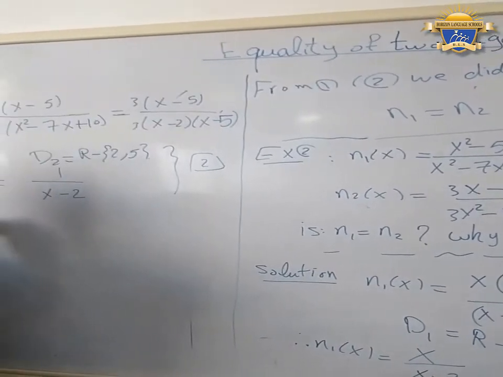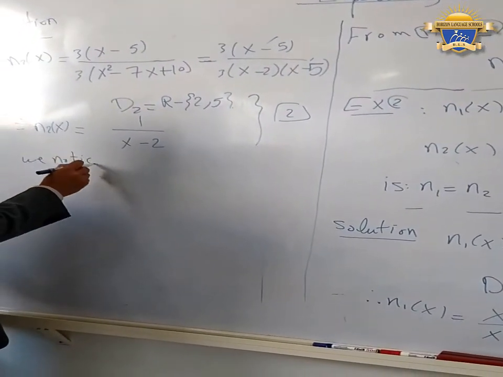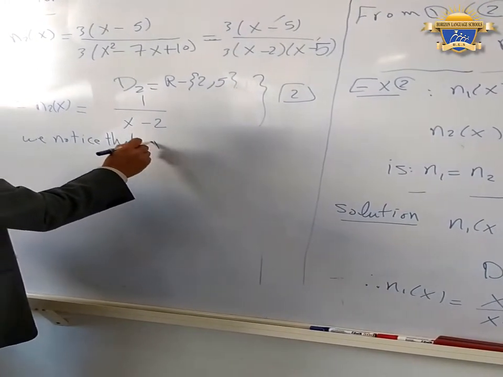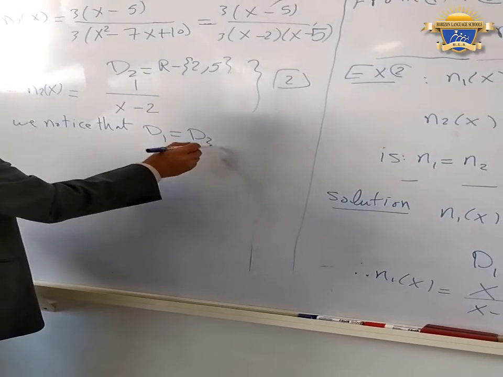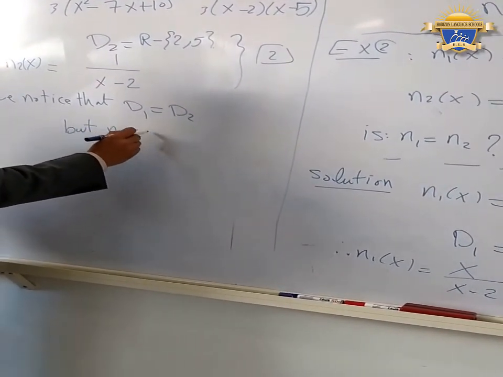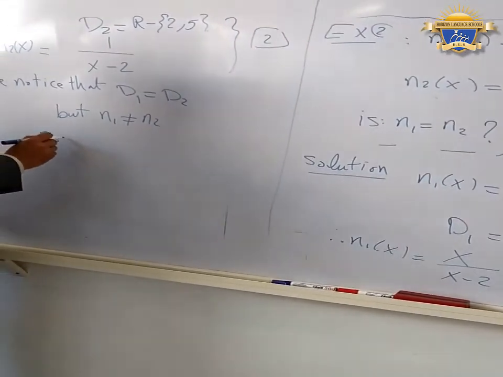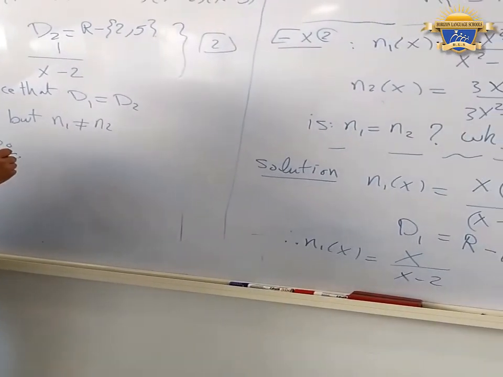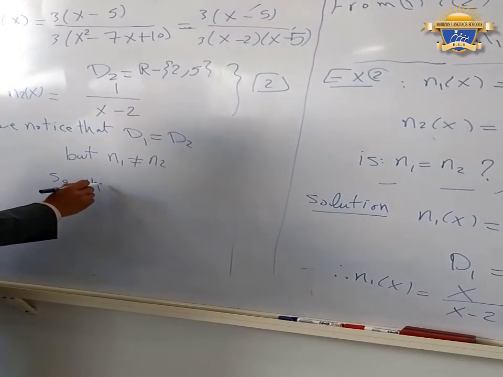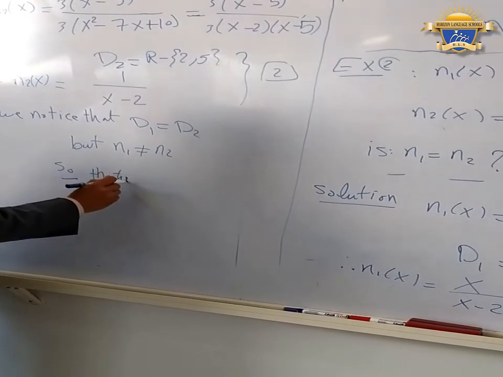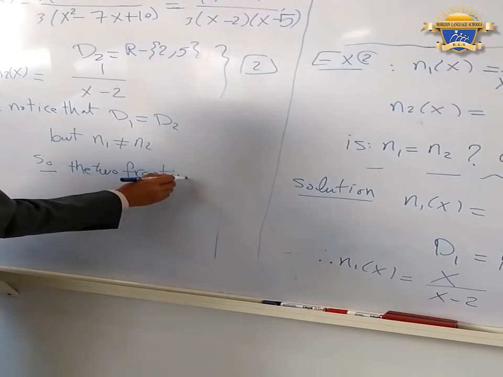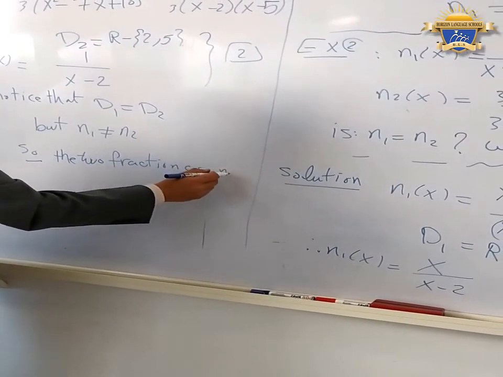We notice that D1 equals D2 but N1 does not equal N2. So the two fractions are not equal.